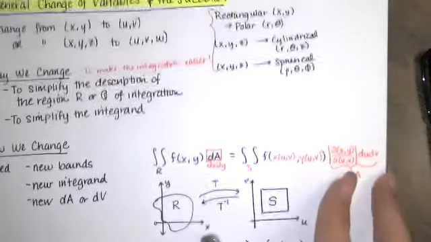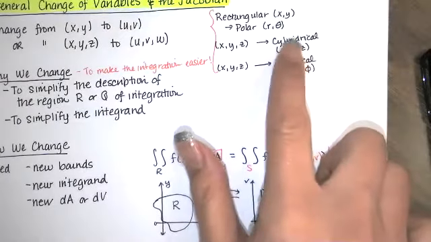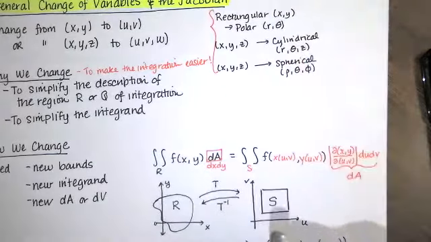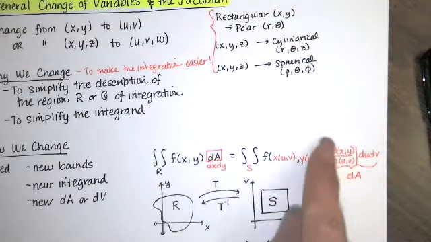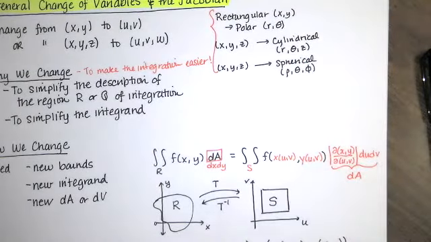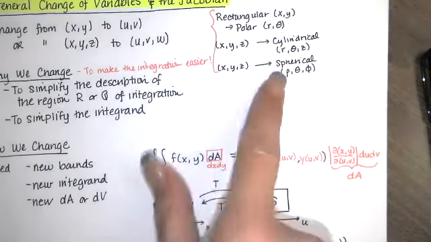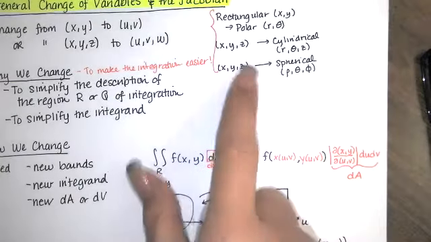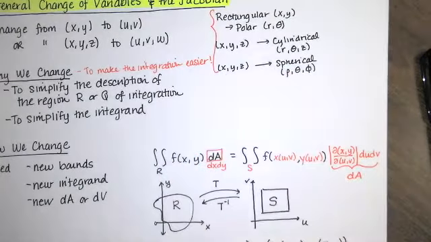The same thing was true with cylindrical coordinates. That little volume piece, dV, needed an extra r as a factor, and that came from the Jacobian. And in spherical coordinates, later we're going to prove that the Jacobian of this transformation, it goes from x, y, and z to rho theta and phi, gives us rho squared sine of phi.